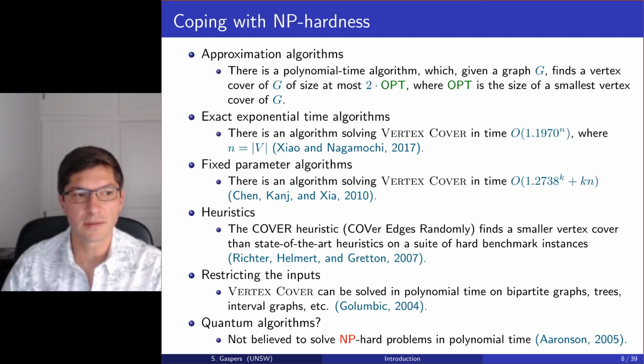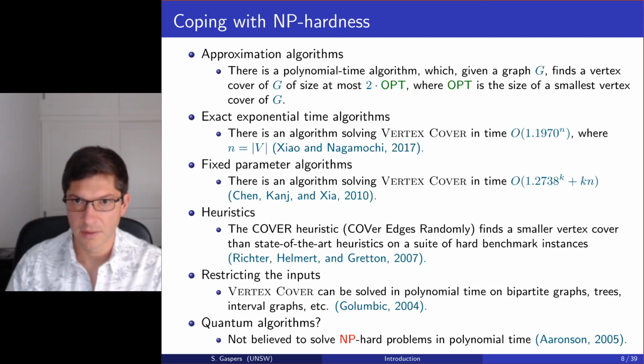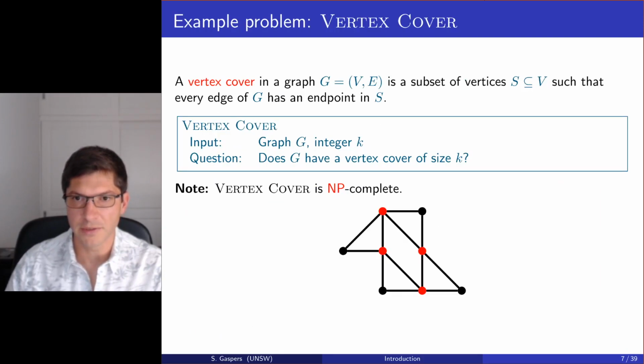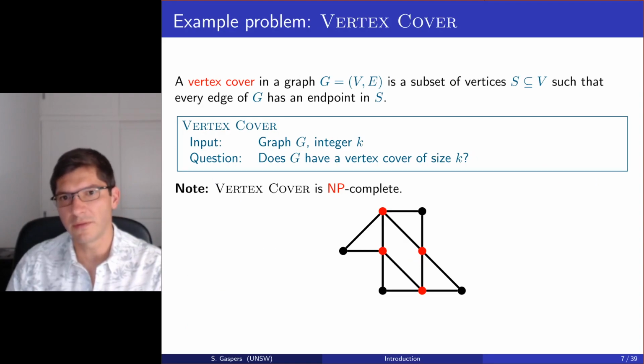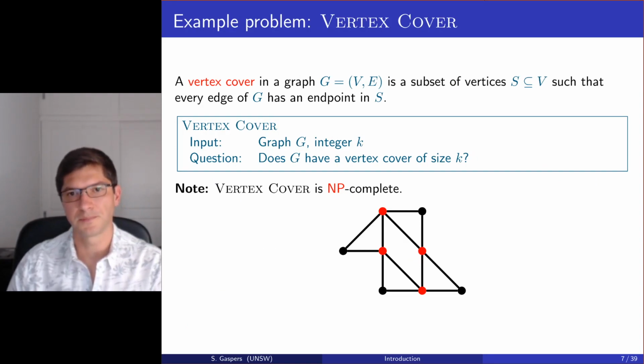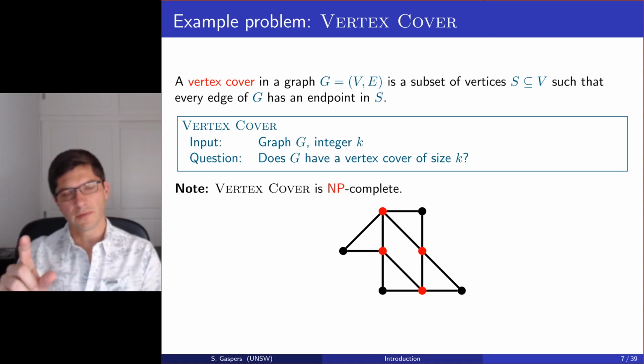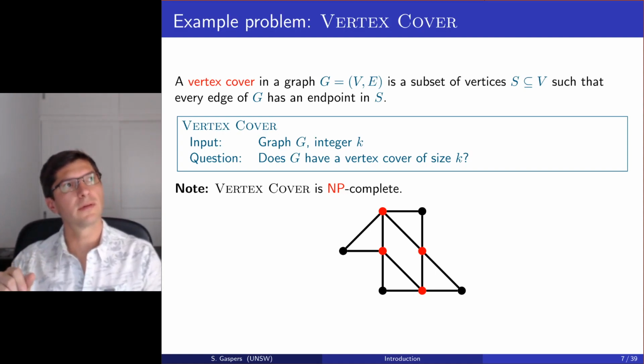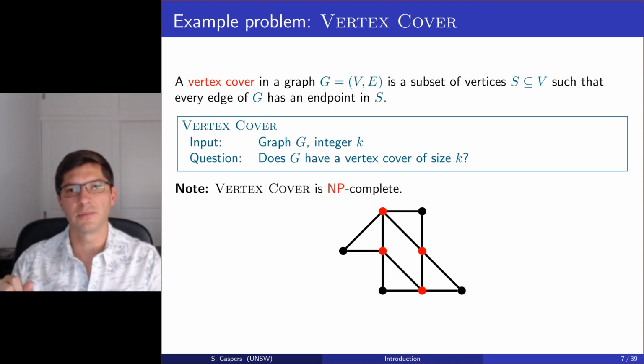This means that we design an algorithm that doesn't actually solve this problem, but it solves something close to this. This is a decision problem. We can also discuss the corresponding optimization problem, which is: what is the smallest k such that this graph has a vertex cover of size k?